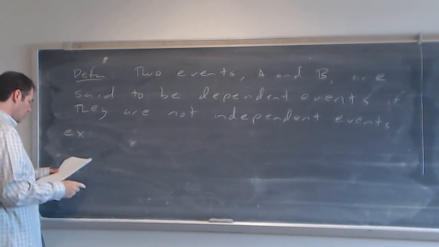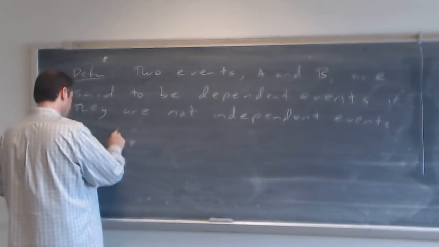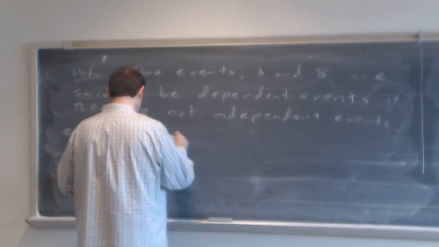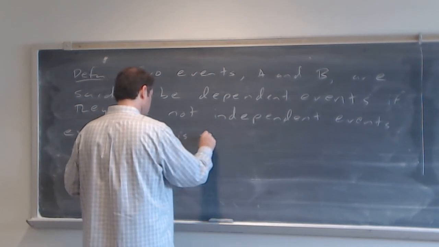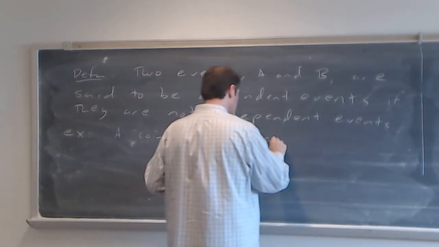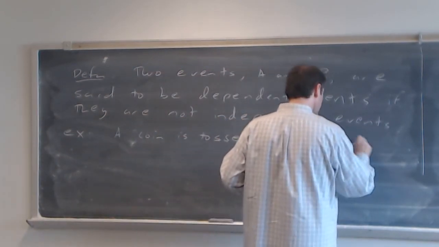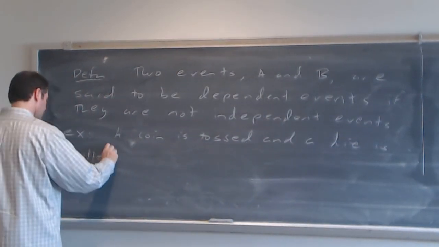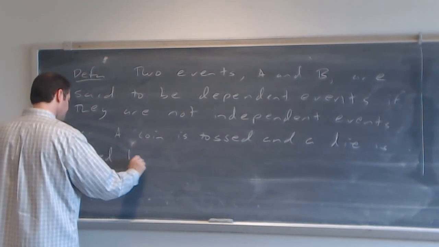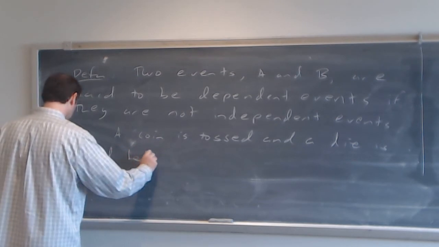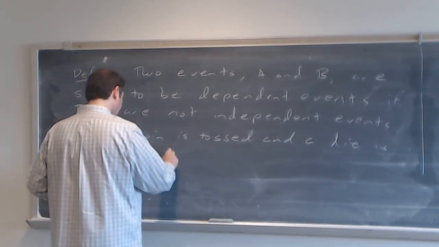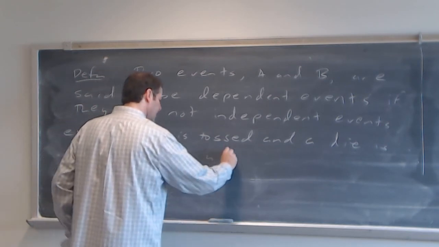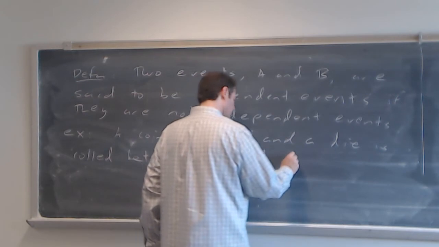Okay, so a coin is tossed and a die is rolled. Let A be the event that a head occurred.